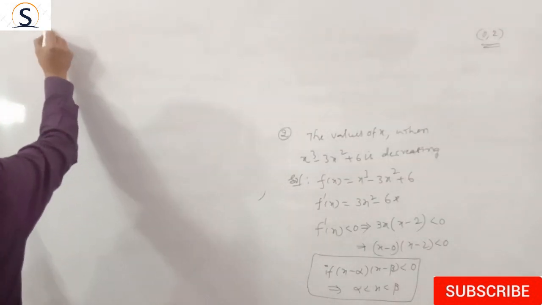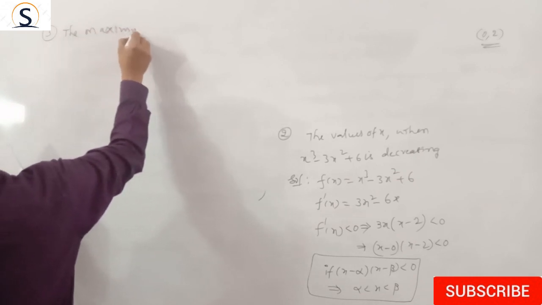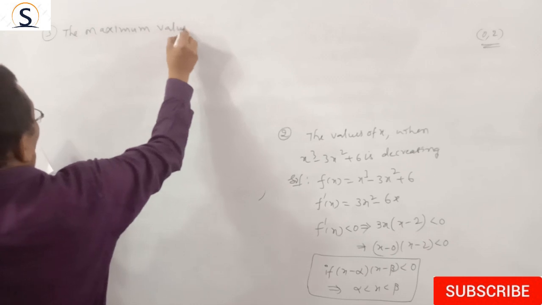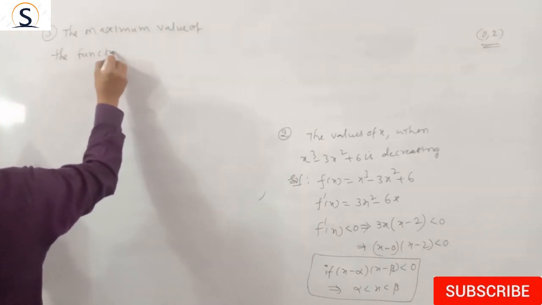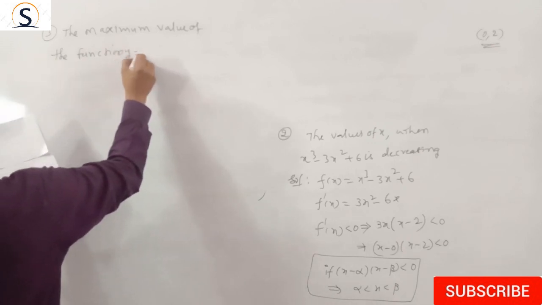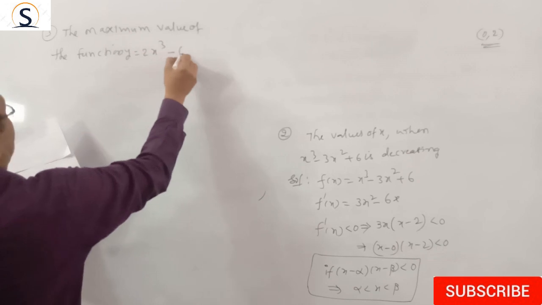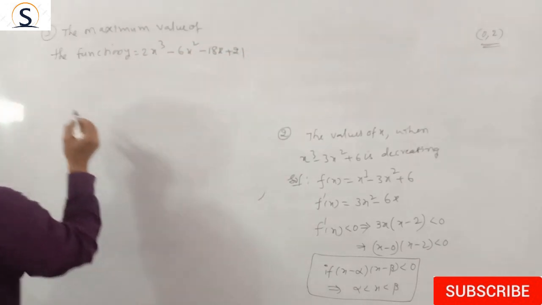The third problem is the maximum value of the function y is equal to 2x cube minus 6x square minus 18x plus 21.